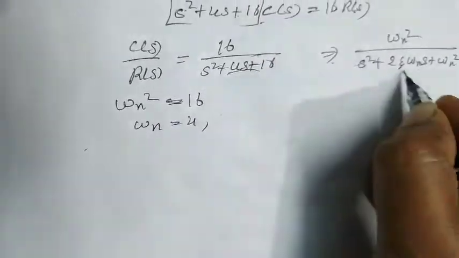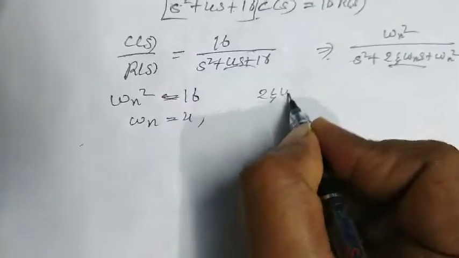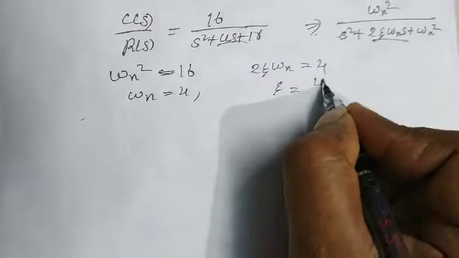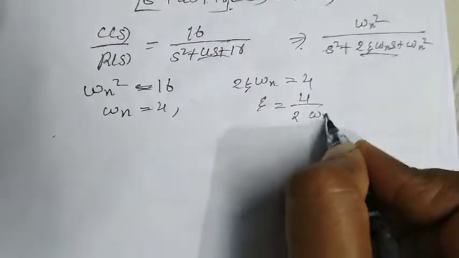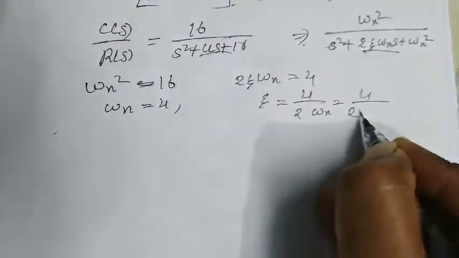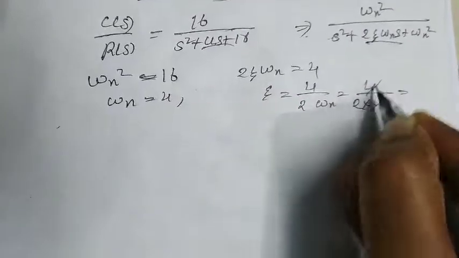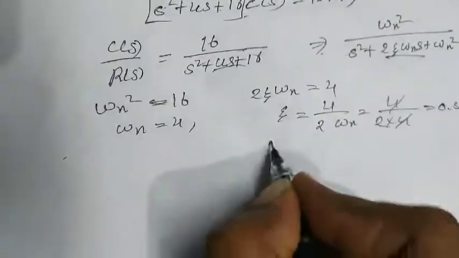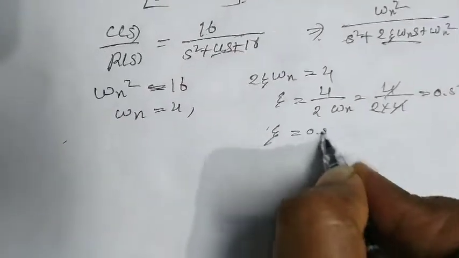Similarly, I'll compare 2 zeta omega n is equal to 4. From this, zeta equals 4 by 2 omega n, which is 4 by 2 into 4, 4 gets cancelled, 1 by 2, I'll get 0.5. So zeta value I got is 0.5.